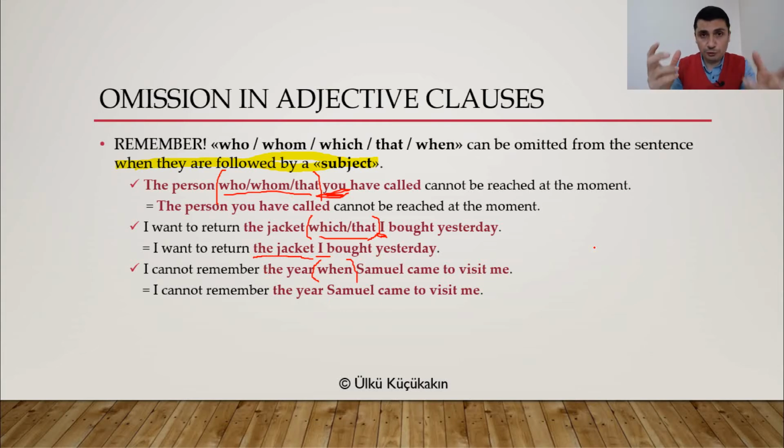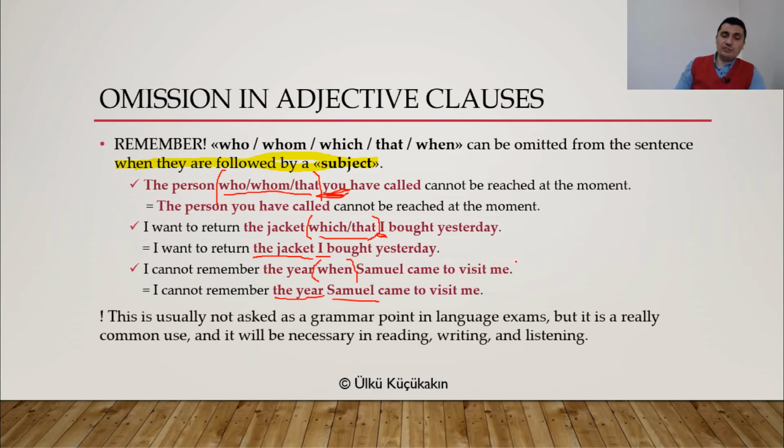So you understand very clearly that there is an omitted adjective pronoun here, which is which in this case. Or the year Samuel, the day I. Now that sounds strange. Then there's an omitted when there, the year Samuel. So two nouns coming one after another sounds strange. So there's an omitted adjective pronoun, who, which, that, or when, there.